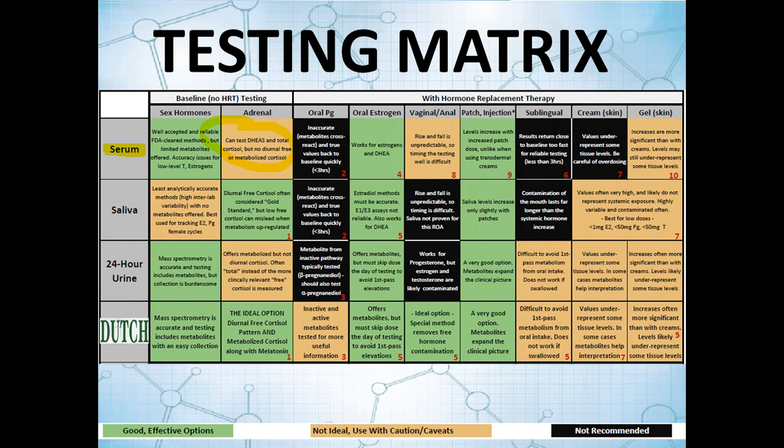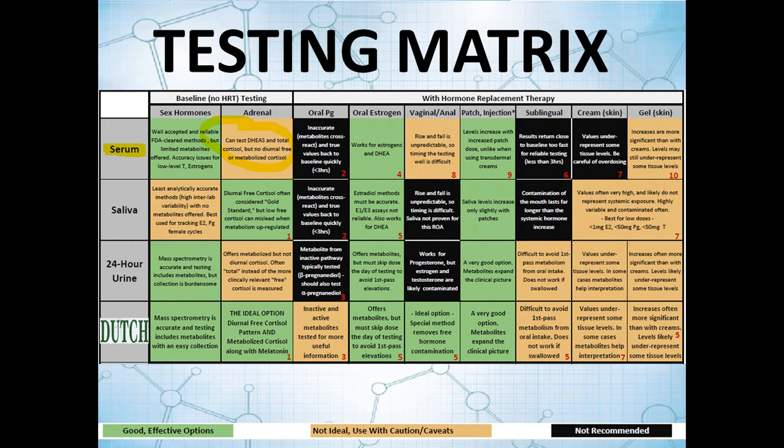For the adrenals, it really is still considered the gold standard, but as you'll see if you watch the video on adrenal hormones, there really is a pretty significant issue in terms of seeing, for example, low cortisol levels in saliva, assuming that there's very little cortisol being made. And with our urine test, that's where I really like that in terms of giving you a better idea of what's going on in terms of overall production.